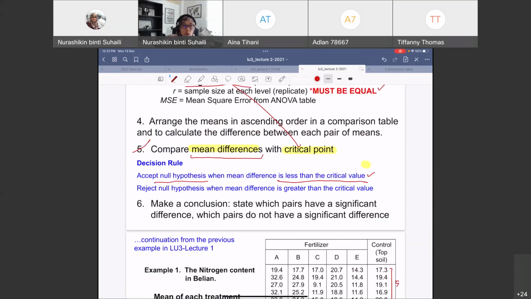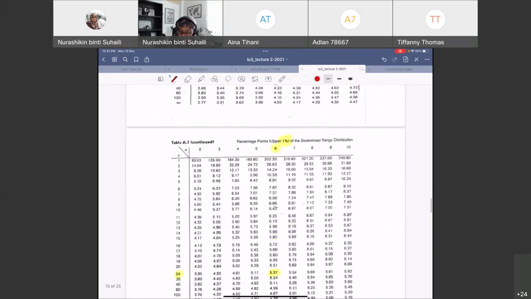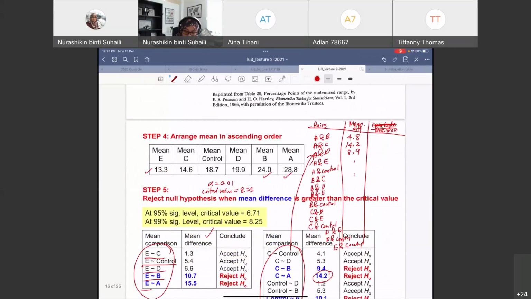So it means that you have to compare the mean difference with the critical value, based on this decision rule. So if let's say your alpha is 0.01, you compare with 4.8. Which one is smaller?